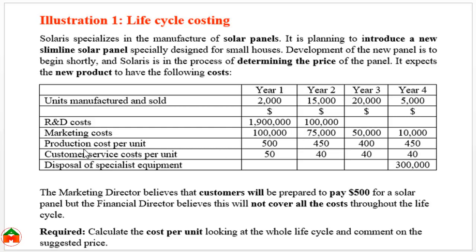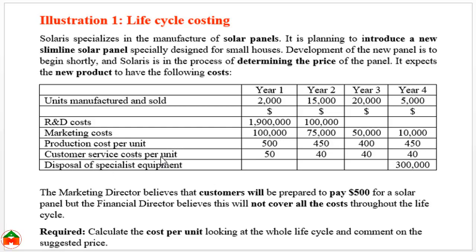Then we can see production cost for the second year. It is also showing the per unit cost, which is 450, and we need to multiply this 450 with the 15,000 units to get the total production cost in the second year. Then we can see production cost per unit in the third year is 400 and in the fourth year is 450.